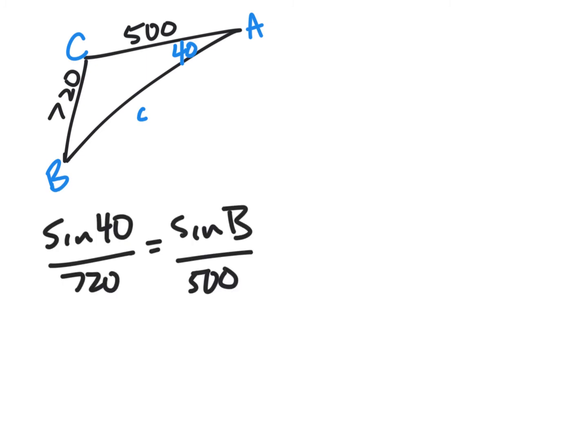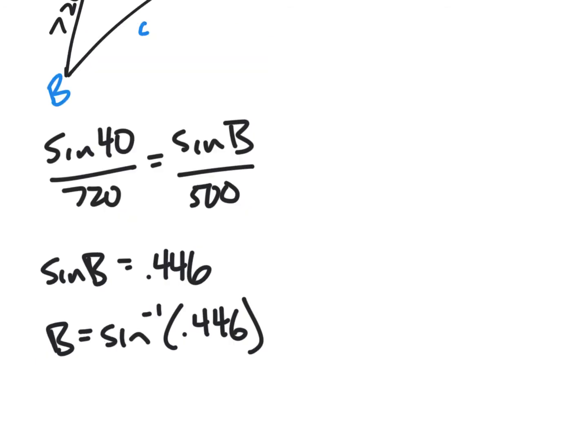I've set up the law of sines here. Now I'm going to multiply this side by 500, and I get that the sine of B is equal to 0.446. Because this number is not greater than 1 or less than -1, we can find a solution. So now I'll take the inverse sine of 0.446 to get that angle B is equal to 26.5 degrees.